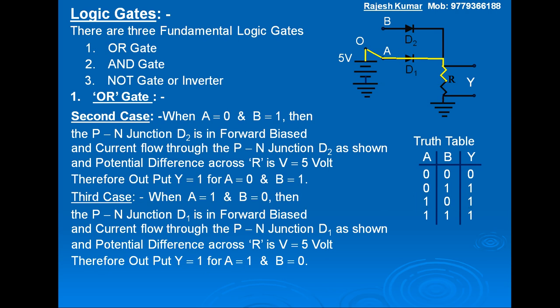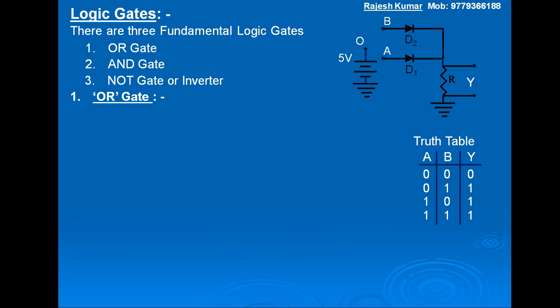This is our third case, and now we will discuss the last case, or fourth case. Fourth case, when A is equal to 1 and B is equal to 1. That is, both inputs are at 1.